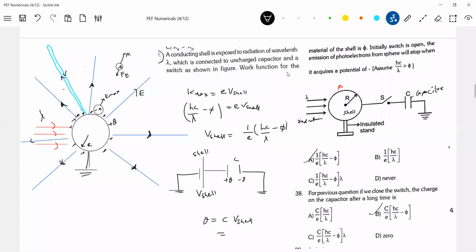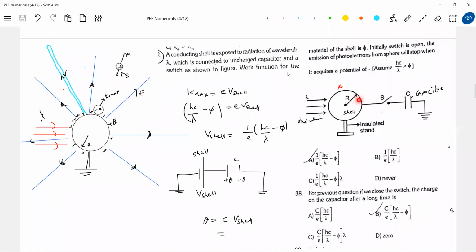They will return back, and the path for them is provided by the capacitor.